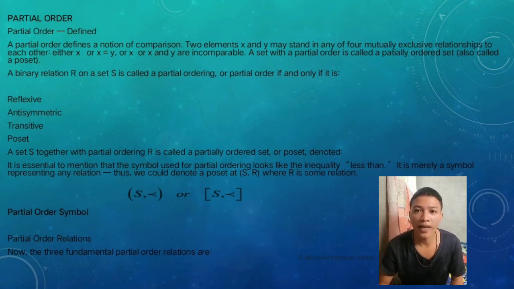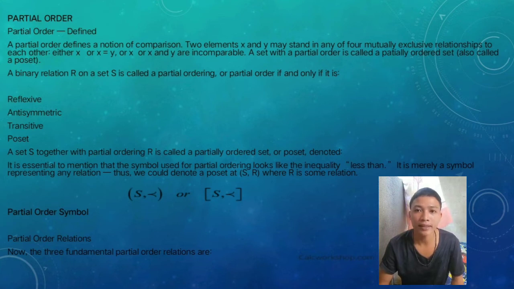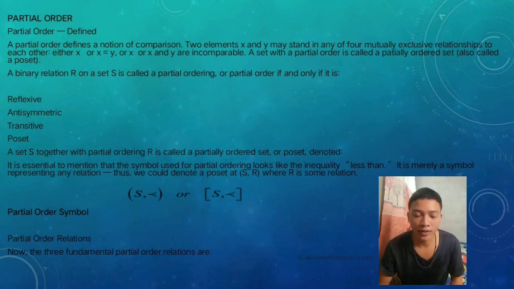A binary relation R on a set S is called a partial ordering or partial order if and only if it is reflexive, antisymmetric, and transitive. A set S together with a partial ordering R is called a partially ordered set, or poset.